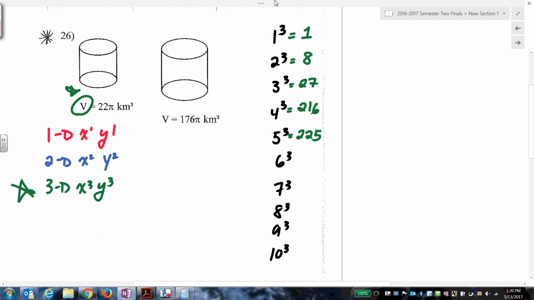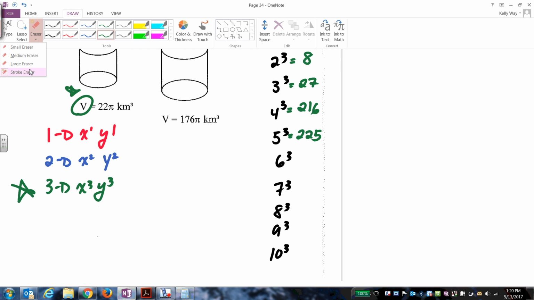Oops, 4 times 4 times 4. Memorize this backwards. That one's 64.